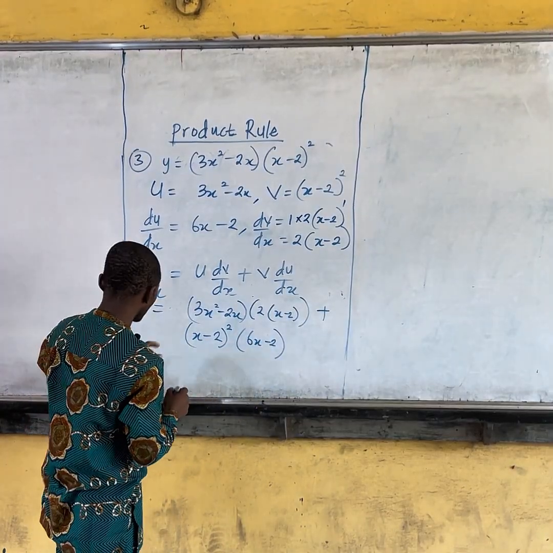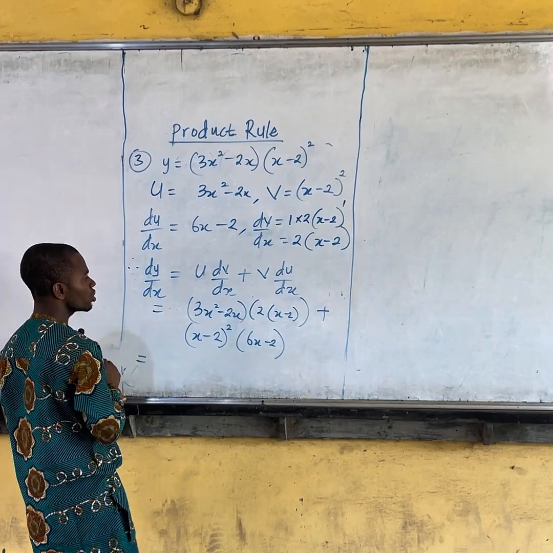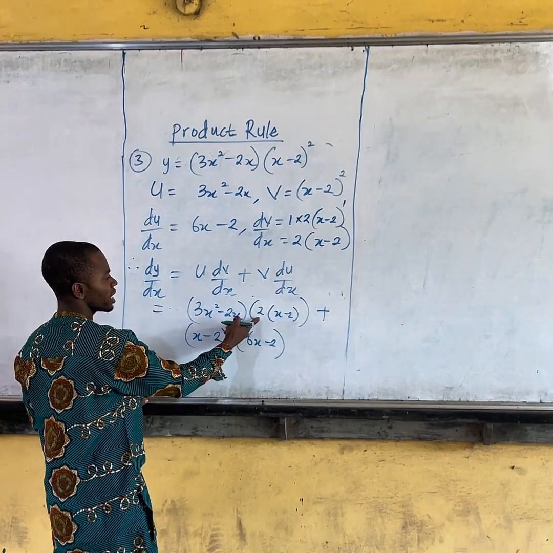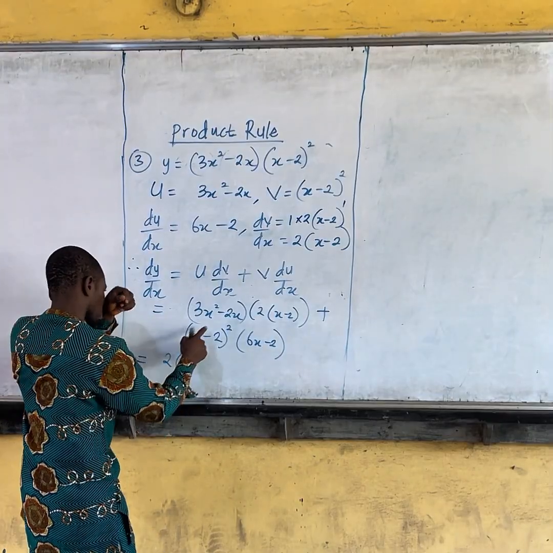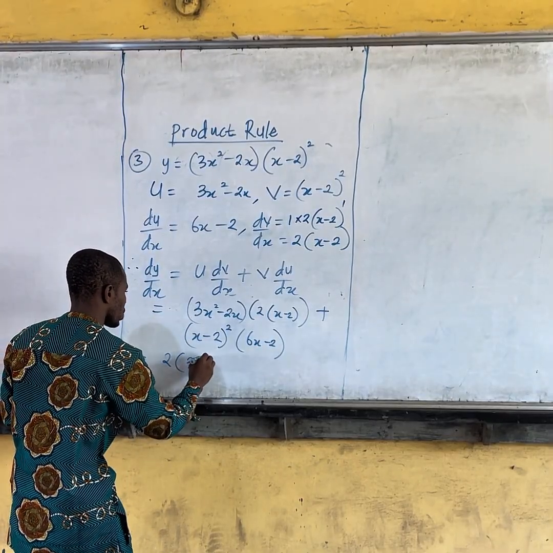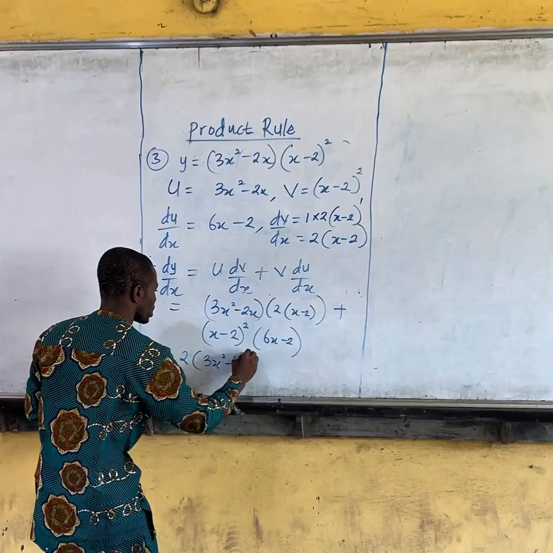So as you can see, these 2 can be outside here, because this is a product. It will be 2 brackets 3x squared minus 2x.